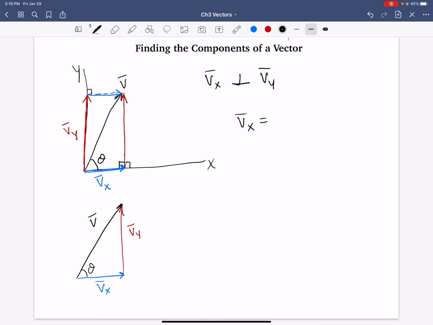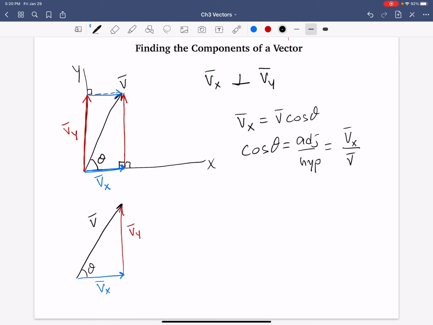In fact, I'm going to hold off on writing that and just define what cosine is in terms of this triangle. Cosine is adjacent over hypotenuse. In terms of what we've written, that's Vx divided by V. Now we can solve this equation for Vx, which is simply that, and that's it.